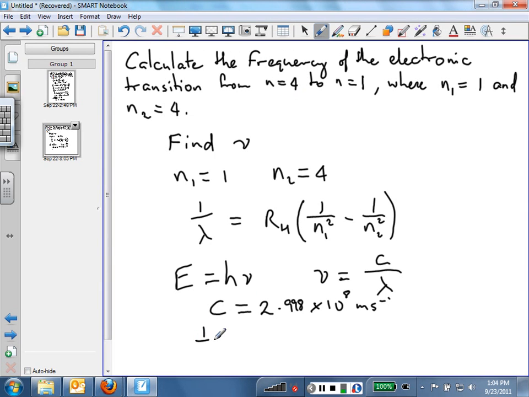So 1 over lambda equals 1.097 times 10 to the minus 2 over 1 squared, which is 1 over 1, minus 1 over 4 squared, which is 1 over 16.